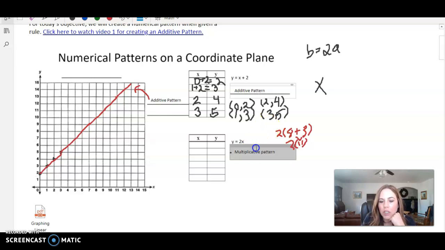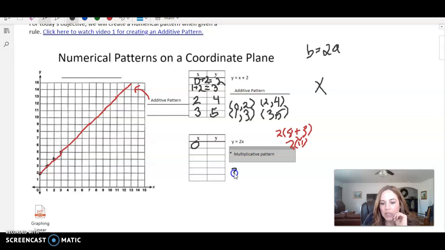That means we are going to multiply whatever we decide x is by our number here, in this case 2, in order to get y. So let's figure out some x values and then see what y is going to be. Once again, we get to choose what x is going to be. And so I always love to start with 0. So I'm going to plug in 0 for x and figure out what y is.